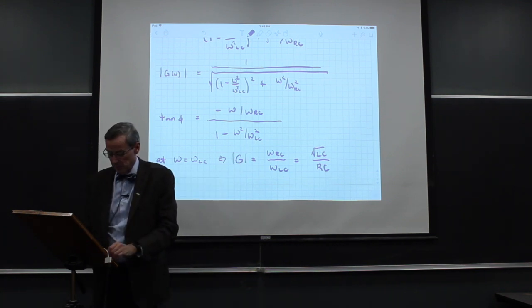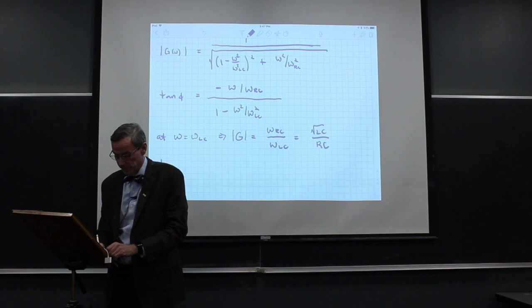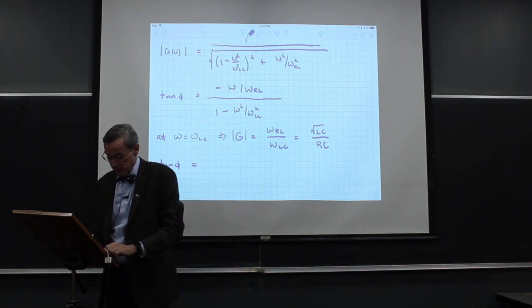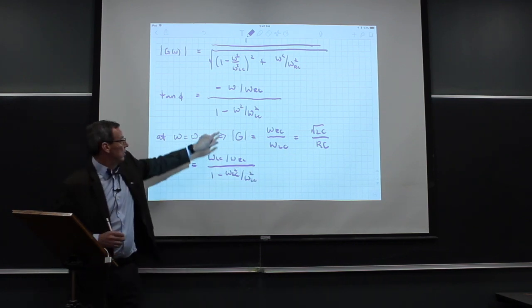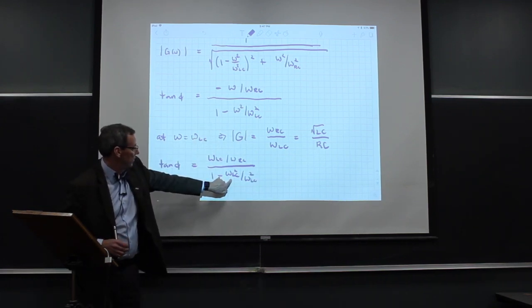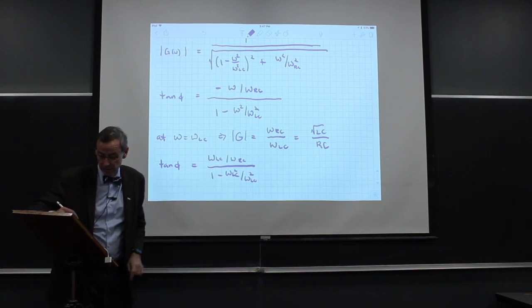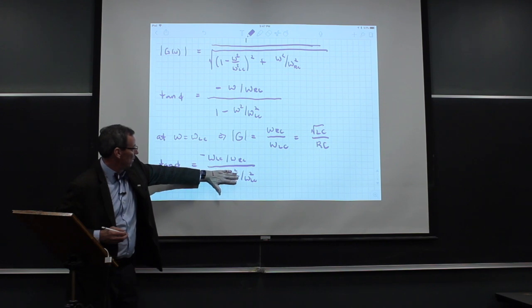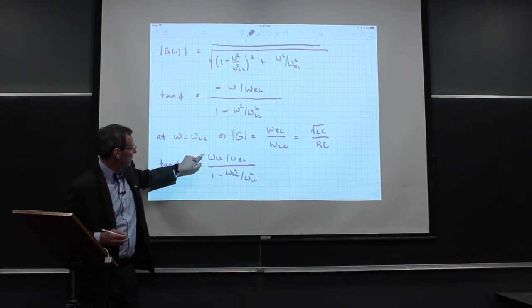And the phase is going to be minus omega LC over omega RC over 1 minus, so now we get this 0 here, and there's a minus sign here. So this goes to infinity, with a minus sign.